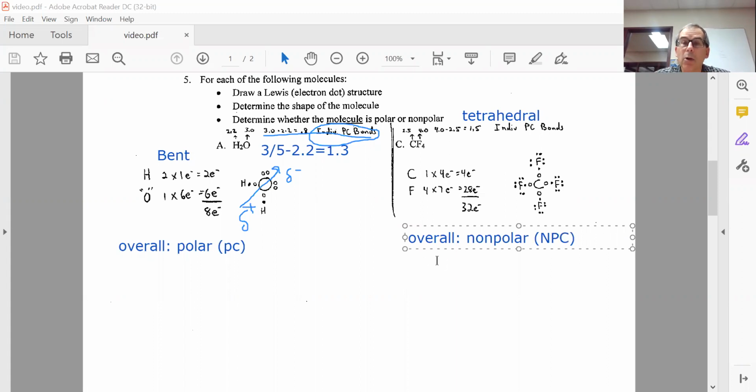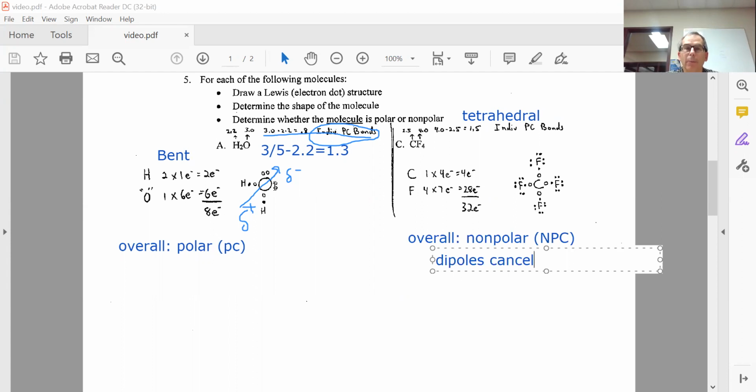And why? Because the dipoles, or the polar parts, cancel. Okay, so you get these arrows pulling this way, this way, this way, and this way, but there's not really a pull in any direction because it's symmetrical all the way through.